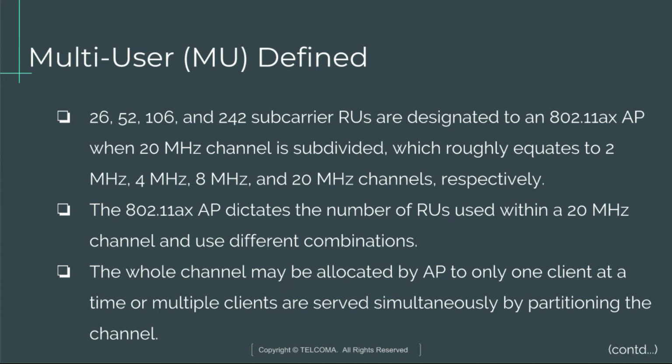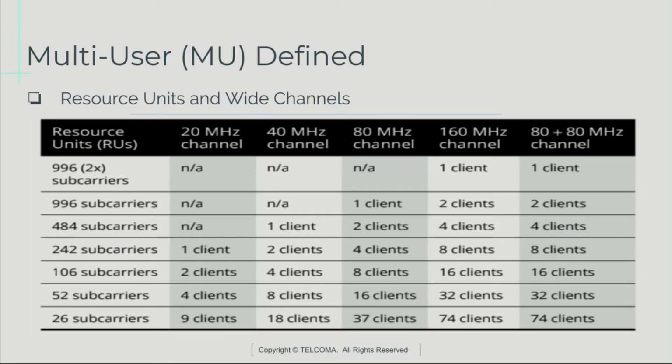The 802.11ax AP dictates the number of RUs used within a 20 MHz channel and uses different combinations. The whole channel may be allocated by the AP to only one client at a time, or multiple clients are served simultaneously by partitioning the channel.